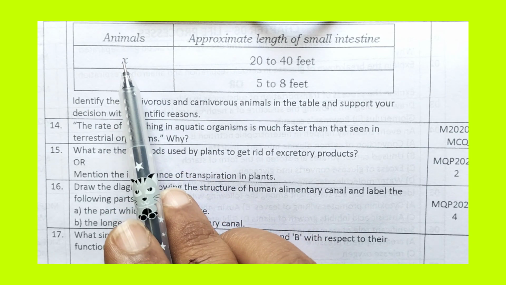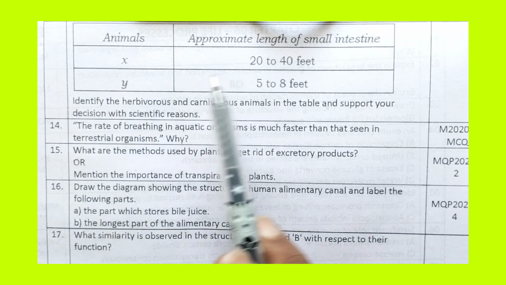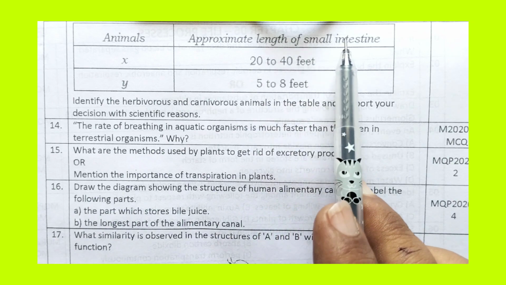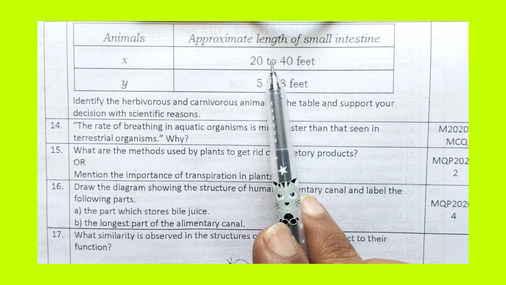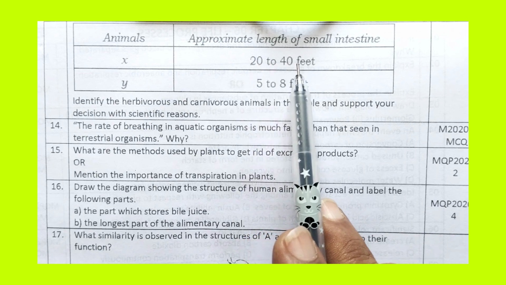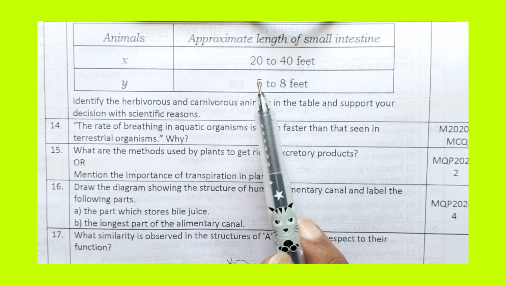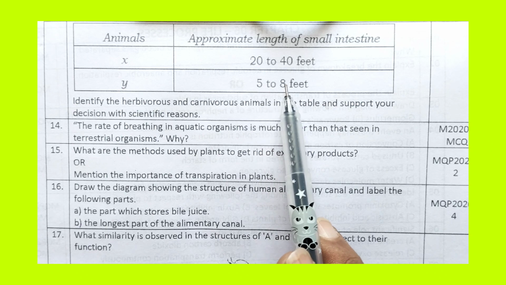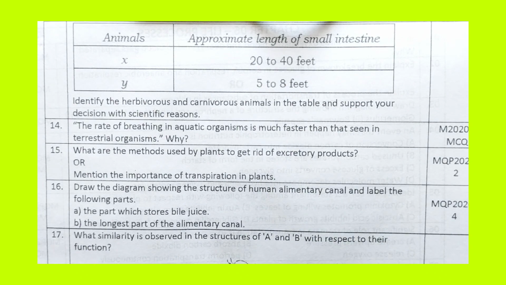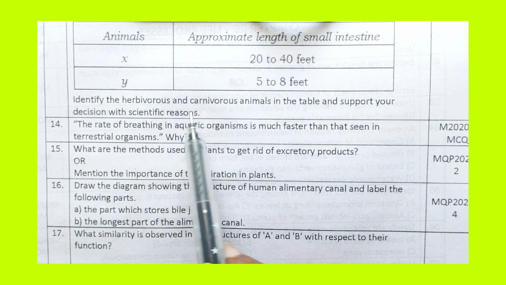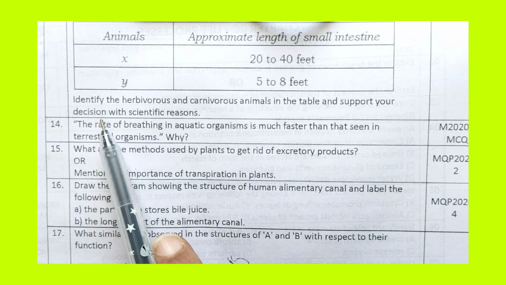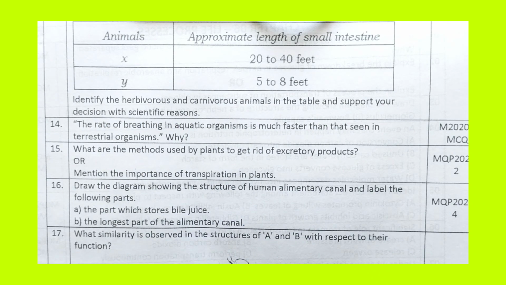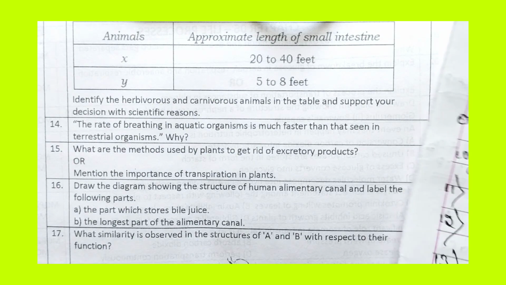Two animals are there, one is X and another one is Y, and the approximate length of small intestine is given. Animal X has a small intestine of length 20 to 40 feet and Y has a length of 5 to 8 feet.